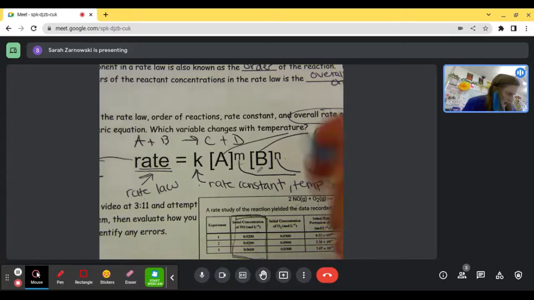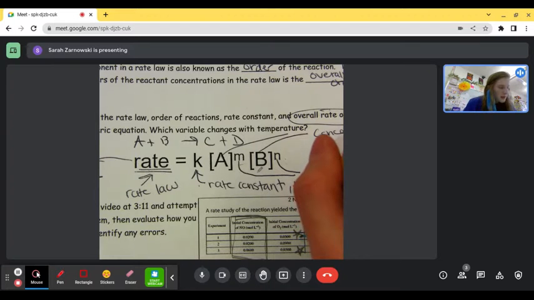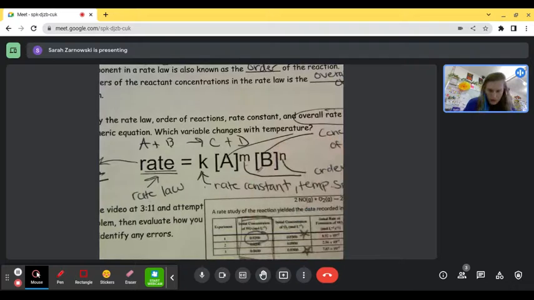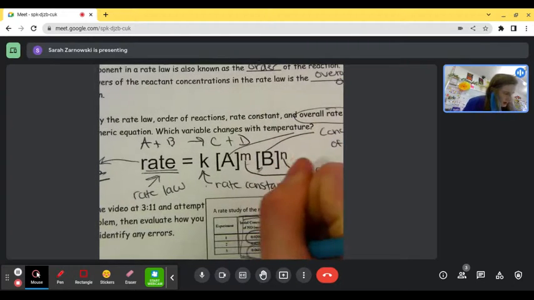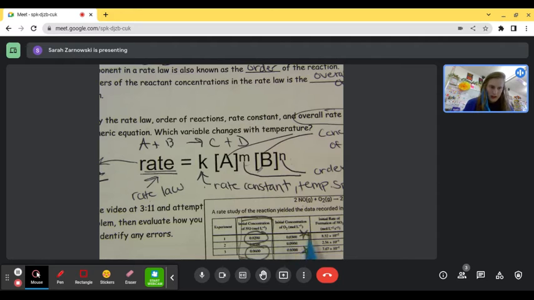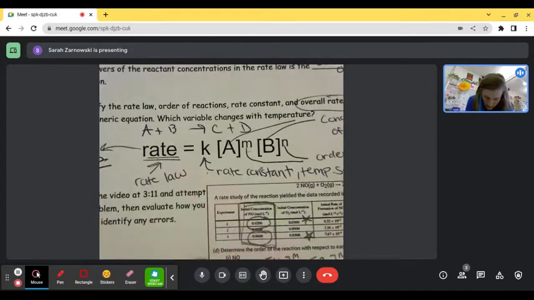So in experiment 1 and experiment 3, they both say 0.0300. So that means when I look at NO, I'm going to look at 0.02 and 0.0600 because those are the 2 experiments where O2 remained constant. So we want to look at NO, so we need to find which trials O2 remains constant so it doesn't affect the exponent. So I'm going to write this off to the side.